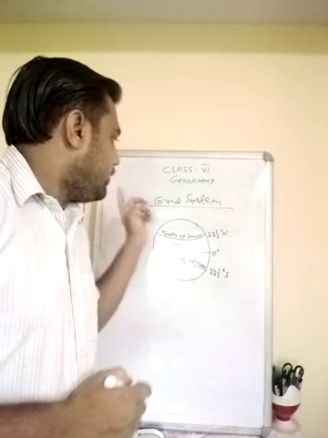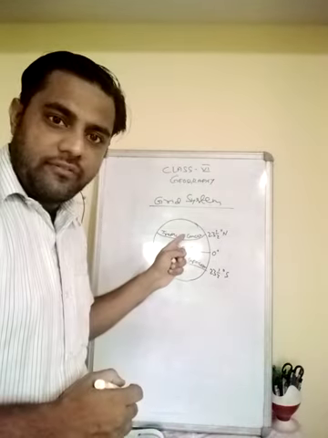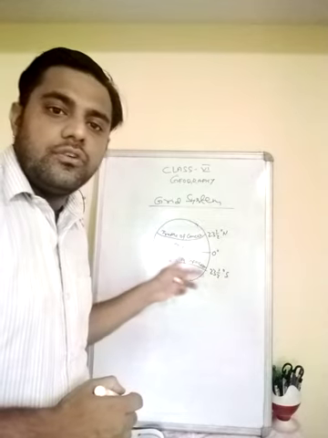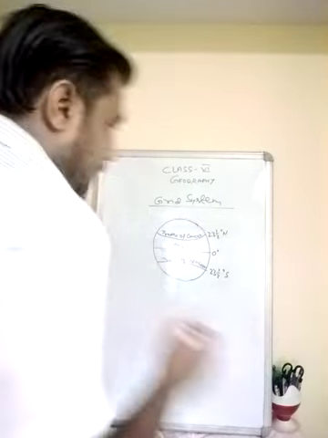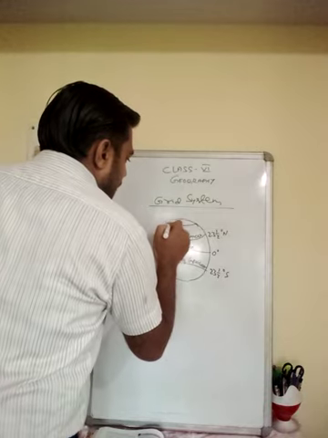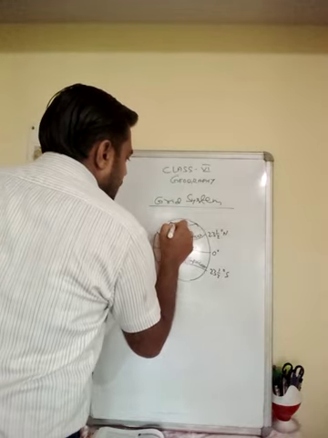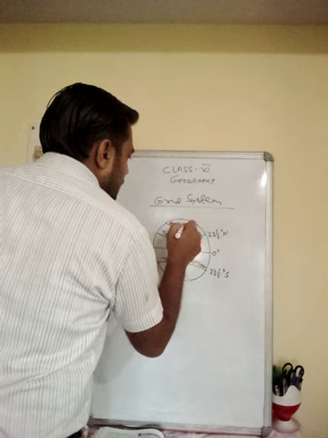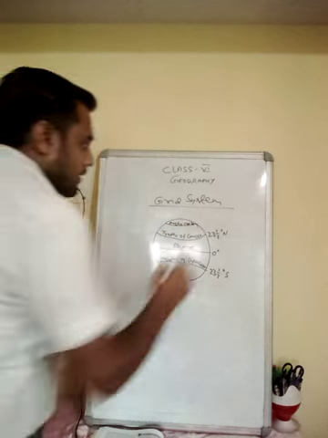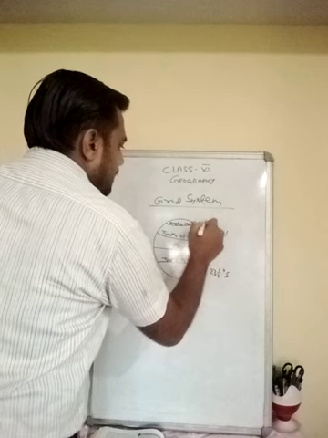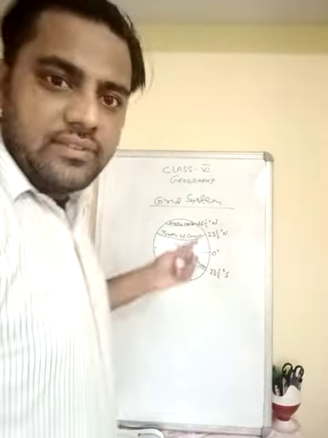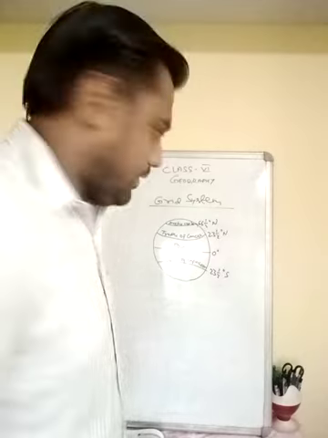Above the equator you have 23.5 degree north, Tropic of Cancer, and below you have 23.5 degree south, Tropic of Capricorn. After that you have another one, Arctic Circle. This is 66.5 degree north latitude.